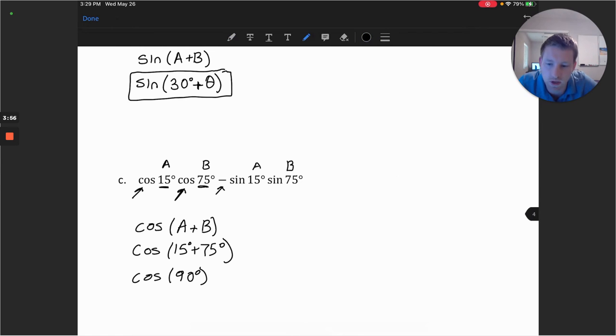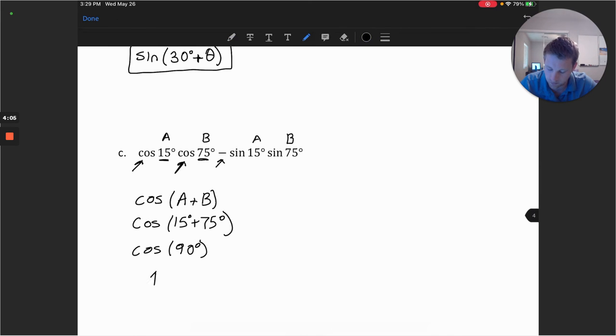So this would be rewriting as one trig function, but we know that the cosine of 90 is equal to 0. So this whole expression is equal to 0.